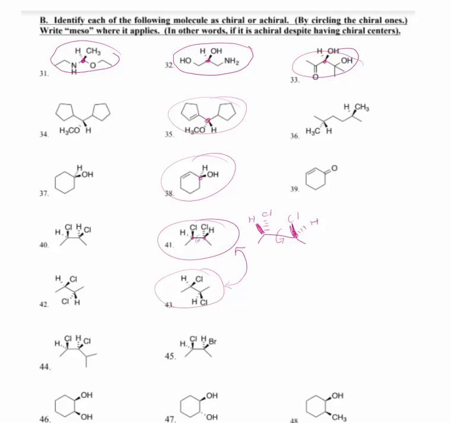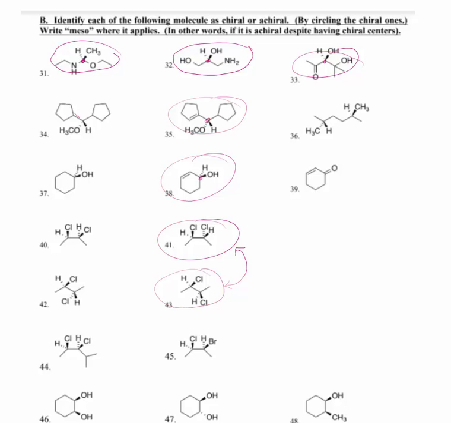Because if I rotate the molecule around horizontally so that this carbon is this carbon, then the chlorine is coming out towards me. And that doesn't help. So these are chiral compounds because they have non-superimposable mirror images.